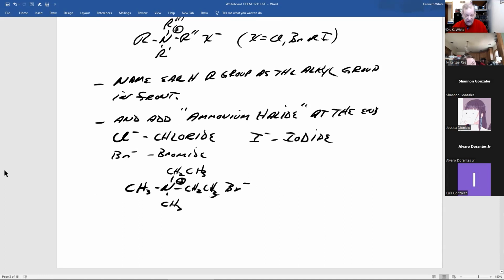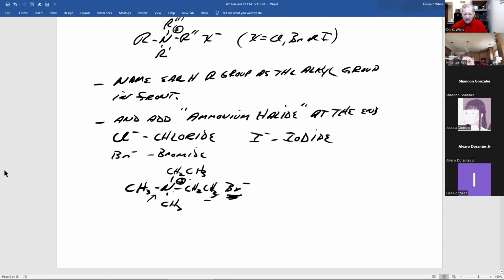What's different? A nitrogen, but we have a positive charge and an anion. And I should point out, the bond, even though we write it on the right here, this bromide anion is ionically bonded to the nitrogen, not this carbon.